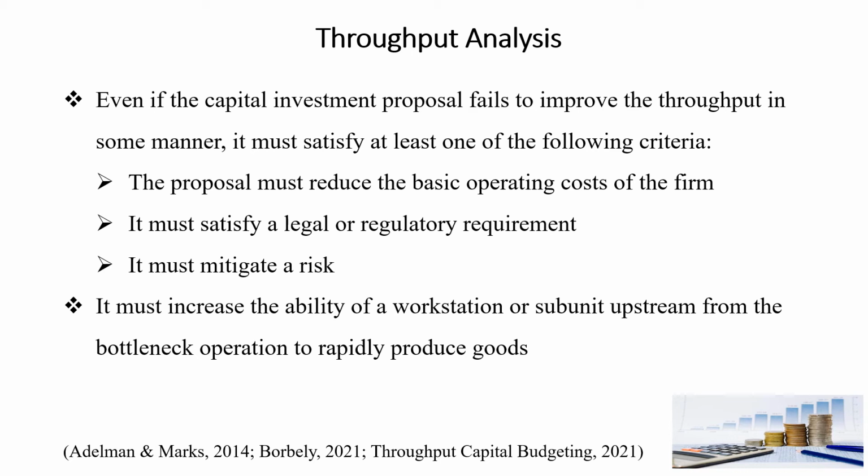Three, it must mitigate a risk. Four, it must increase the ability of a workstation or subunit upstream of the bottleneck operation to rapidly produce goods. By this I mean the inventory or finished goods increase and sales will increase, leading to more profitability for the organization.